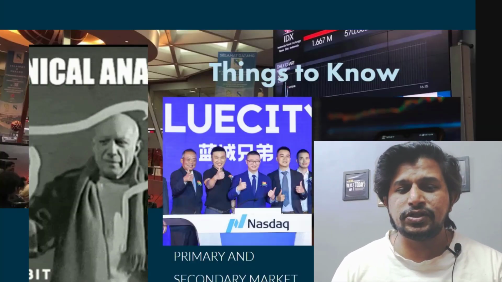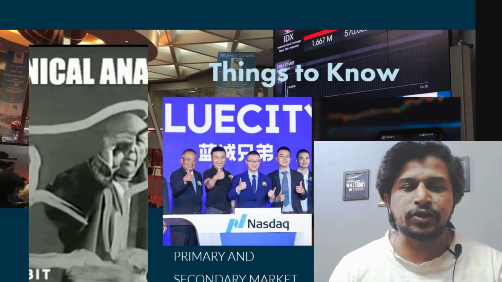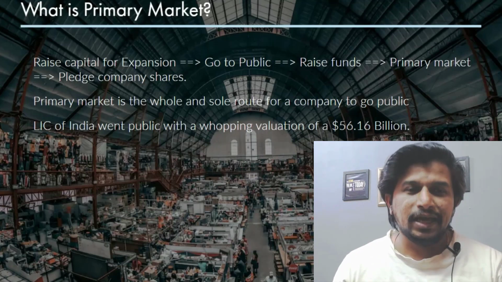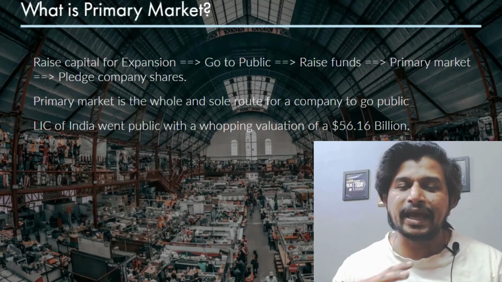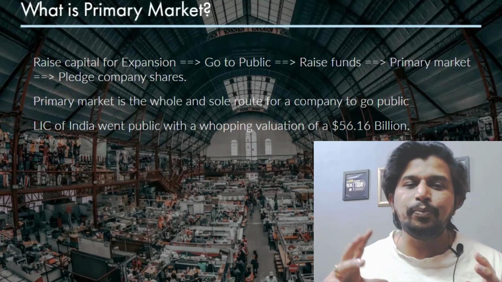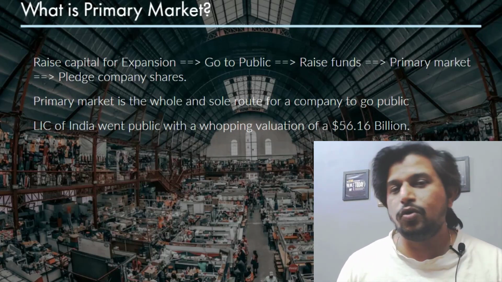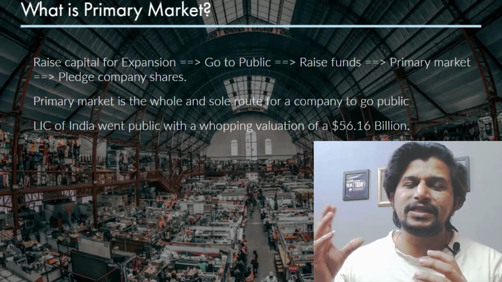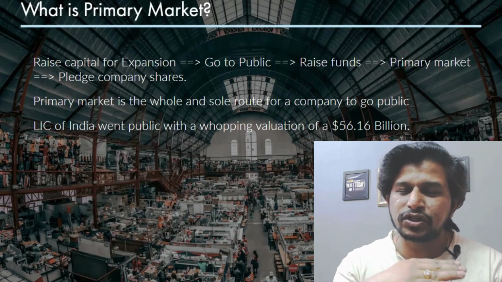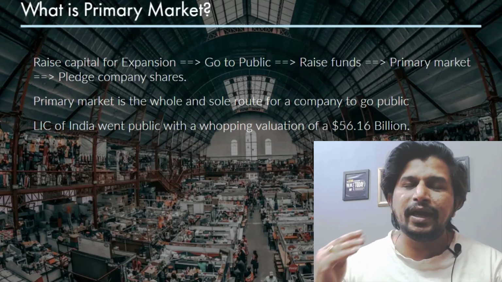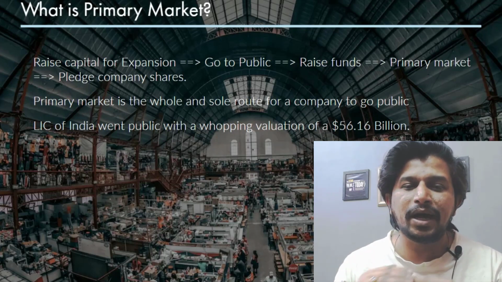So the technical analysis and the primary and secondary markets are mostly what we will be dealing with in today's session. What is primary market? Raise capital for expansion. The companies can raise capital for expansion through the IPO, and that is possible only with the primary markets. So the only way the companies can go public to the secondary market, that is where the stock exchanges are, is through an IPO, and the IPO is available only in the primary markets.